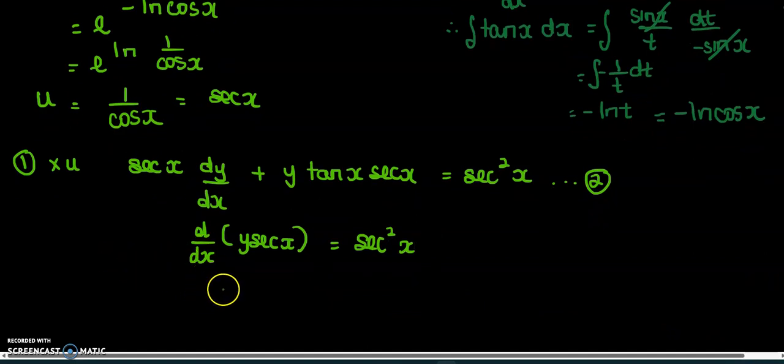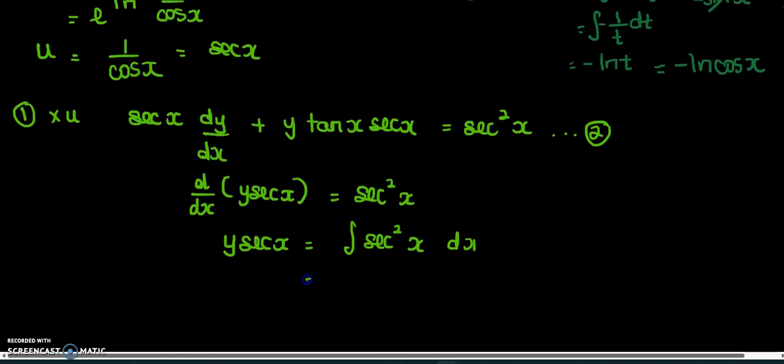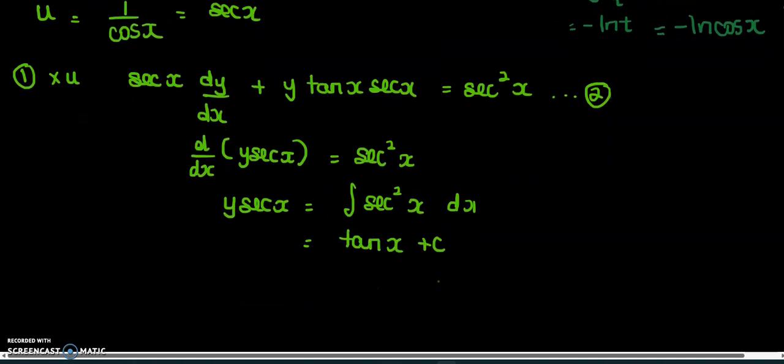So integrating both sides, we're going to get y sec x is equal to the integral of sec squared x dx, which is equal to tan x plus c.